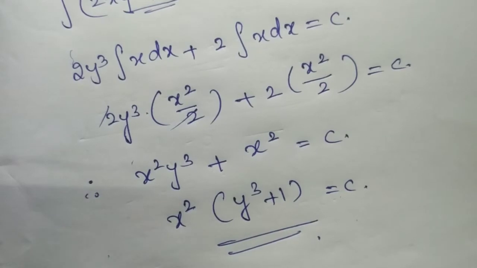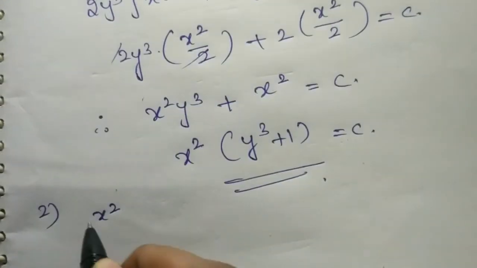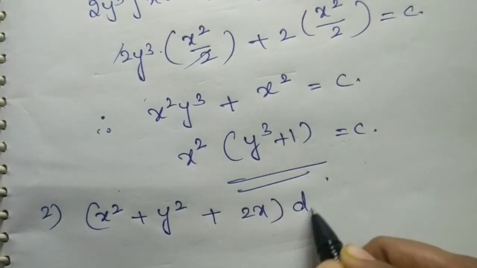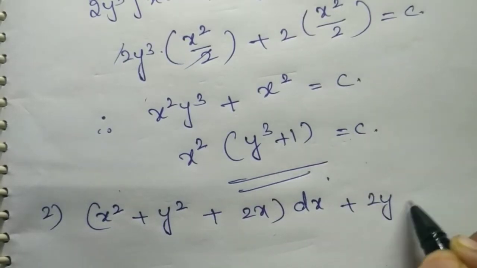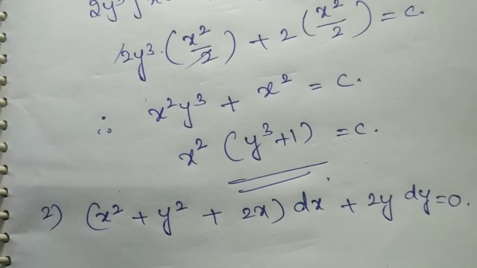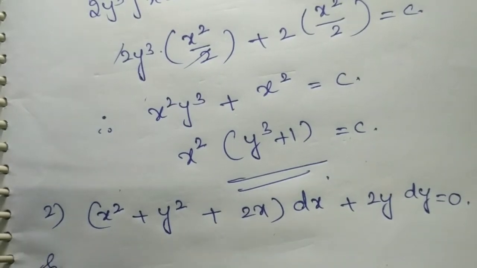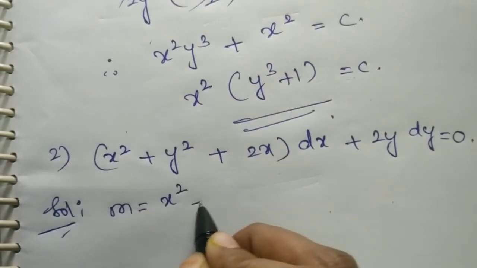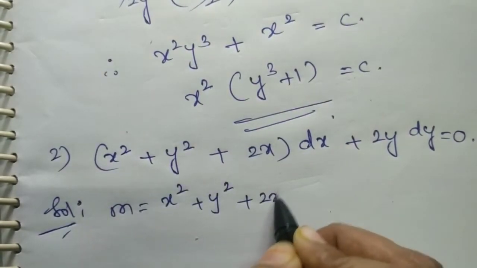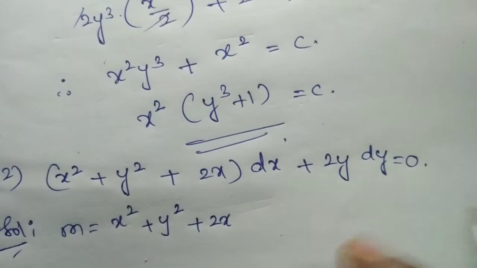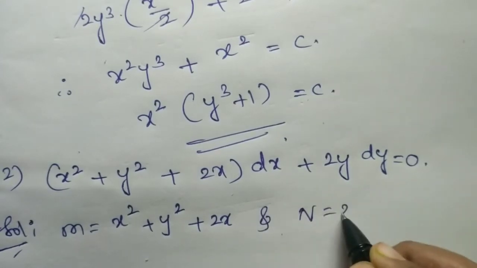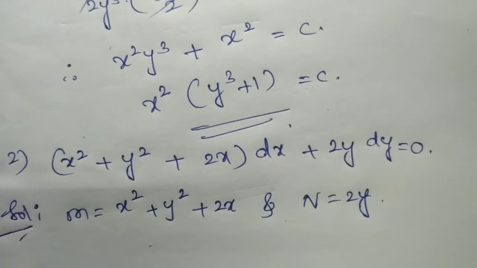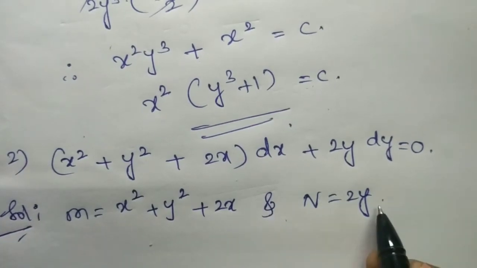Next problem, (x square + y square + 2x) dx + 2y dy = 0. So here M = x square + y square + 2x and N = 2y. So here N is a single variable function, therefore this problem belongs to method 4.